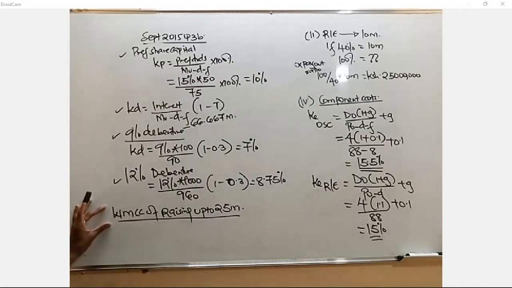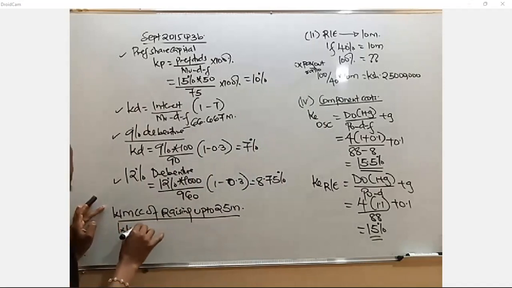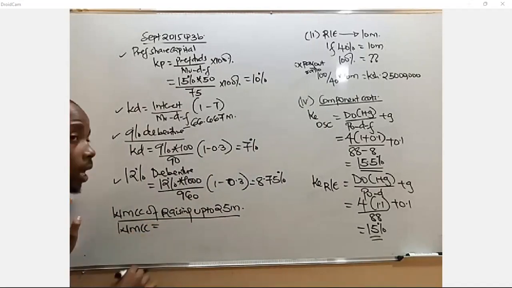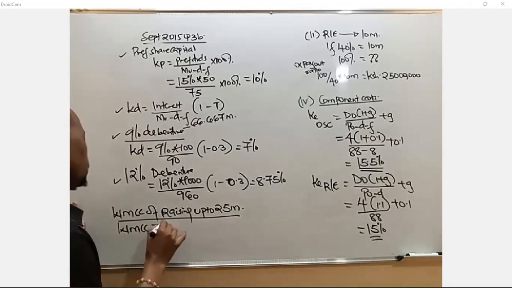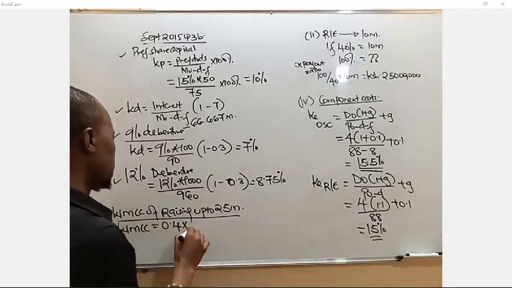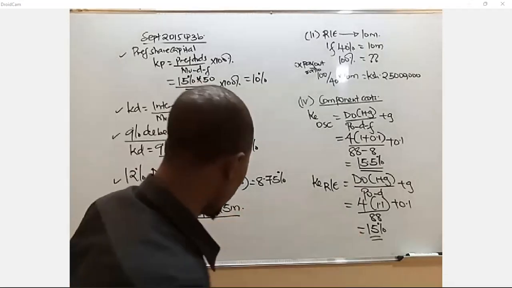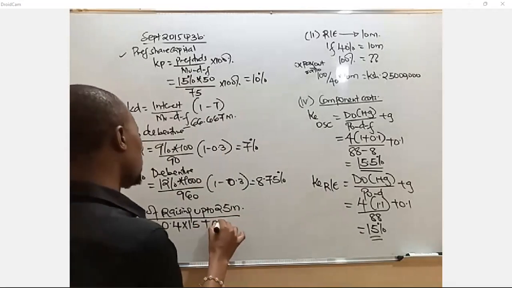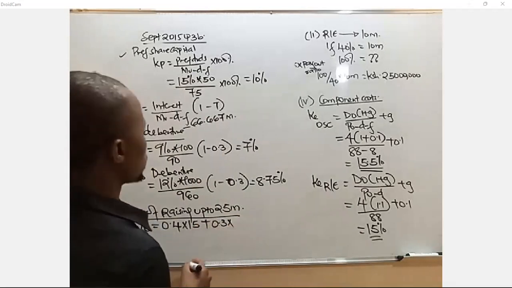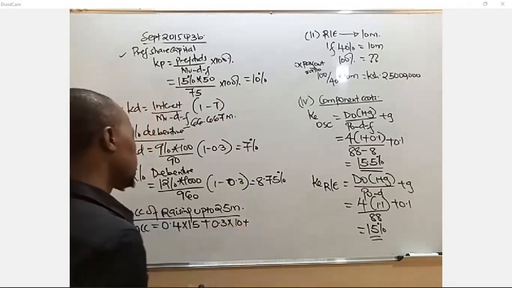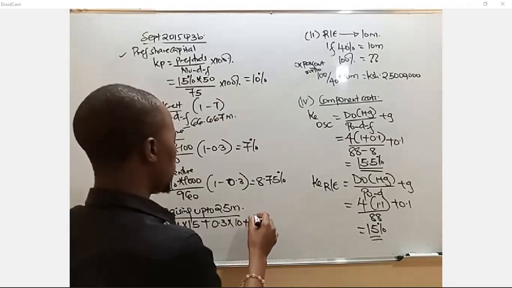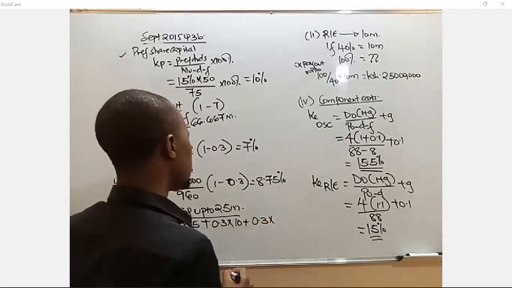So allow me to use the 25 million. To get my WMCC, I will take the weight of equity, which we got as, I think, 0.4, times 15%, the cost of equity of the cheaper source, plus the weight of preference, 0.3, times the cost of preference, which we got as 10, plus the weight of debt, 0.3, times the cost.